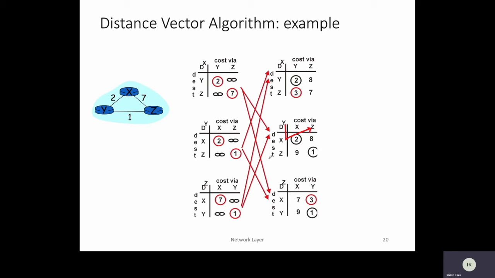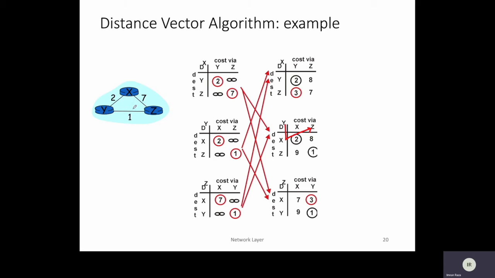So what does z have to tell y? Again, we look at the table of z here. z has 2 costs: the cost to reach from z to y via y, being the direct neighbor, so obviously y won't be interested in this cost. But look at this cost: the cost to reach from z to x, which is 7. So z informs y that the cost to reach from me to x is 7.